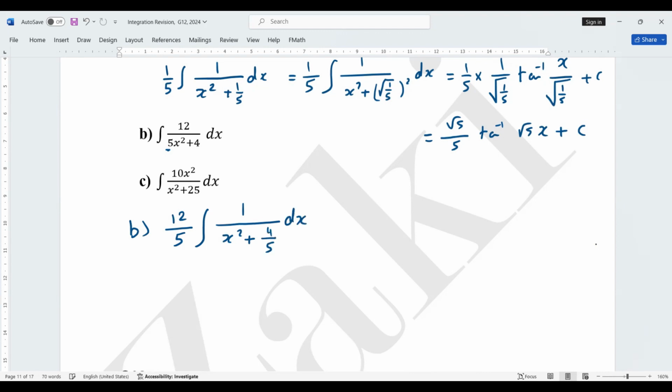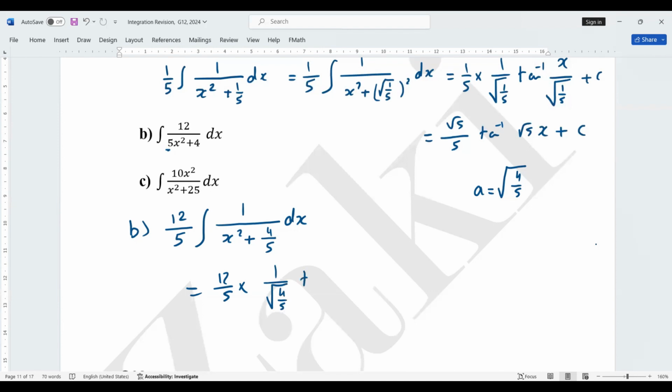We can apply the rule now, but we have to get a. What is a? a is the square root of 4 over 5. Then the answer of this part is 12 over 5 multiplied by 1 over a, 1 over square root of 4 over 5.